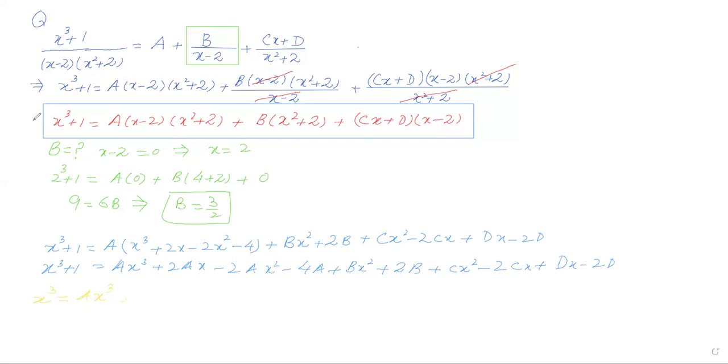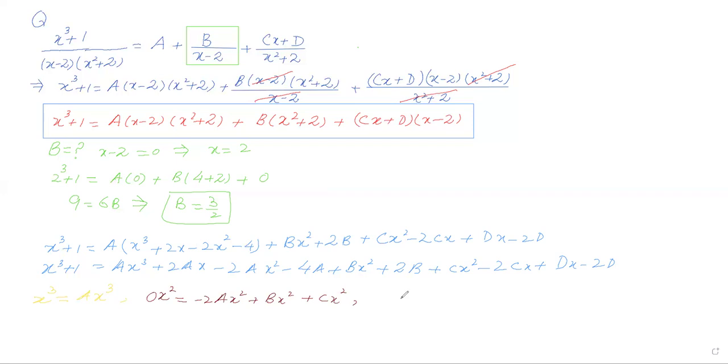To write the second equation, I will use this dark color. So I have to compare the coefficient of x squared. On the left-hand side, there are no terms of x squared, so you have to write 0 as it is. Now you have minus 2ax squared. And then you have bx squared. Then you have cx squared.